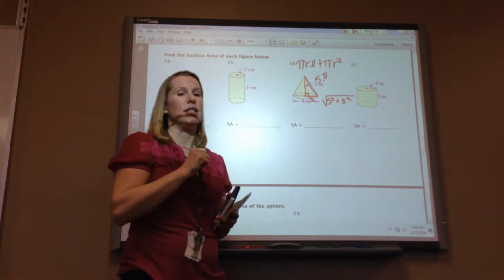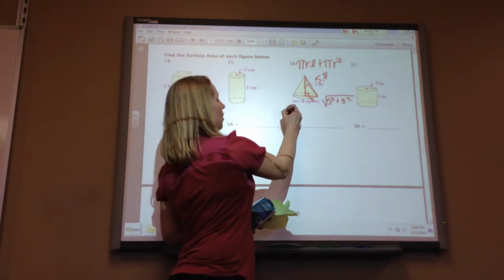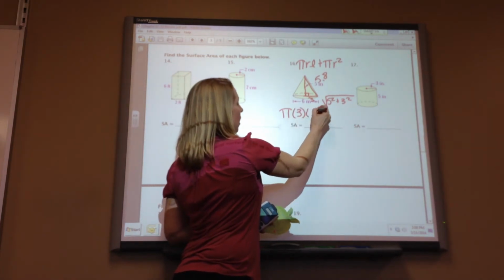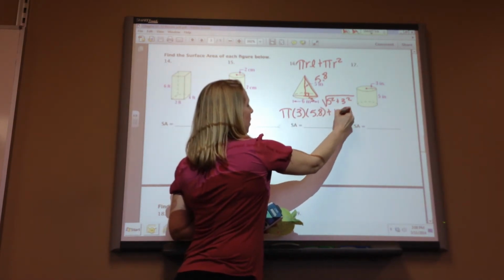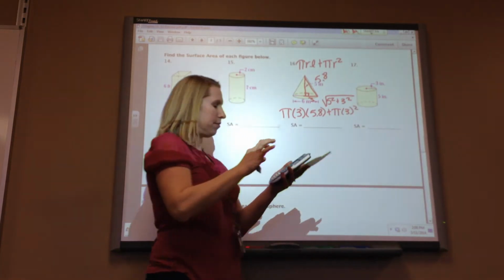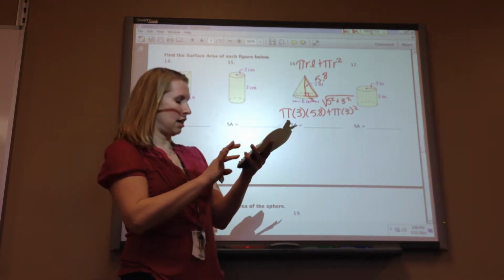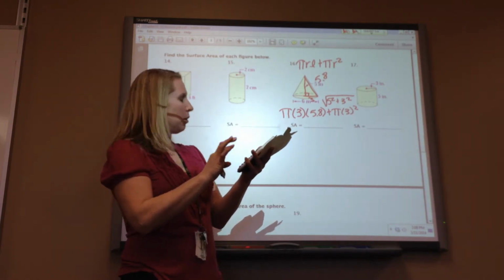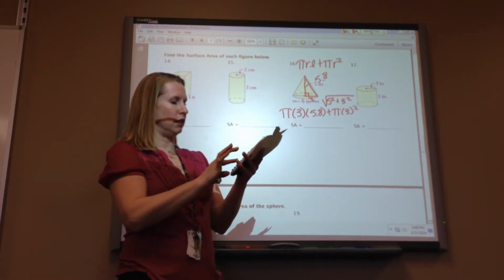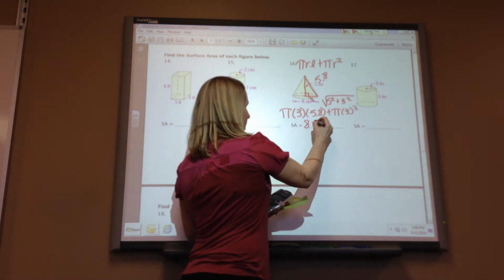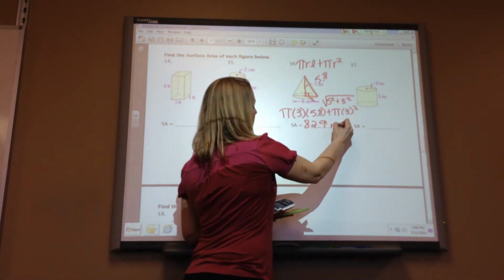So 5.8 is the slant height, or the L. So I do pi r L plus pi r squared. So pi r L 5.8 plus pi 3 squared. I got 82.9 meters squared.